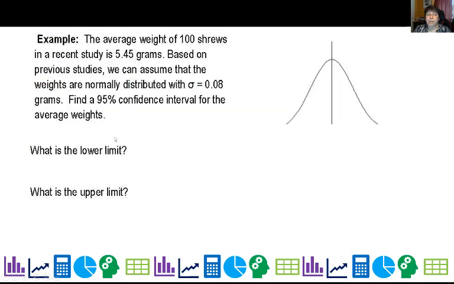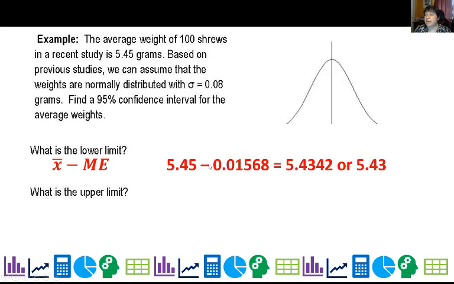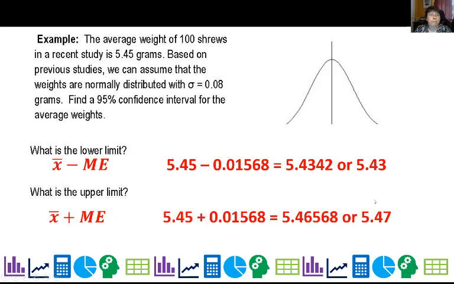So if I wanted to find the lower limit, I'm going to take my mean, my point estimate, and subtract my margin of error. And I get this, 5.45 minus 0.01568, well, roughly 5.43. And if I want to find my upper limit, I just add it, and I get 5.47.